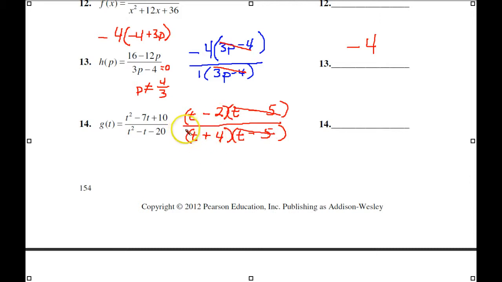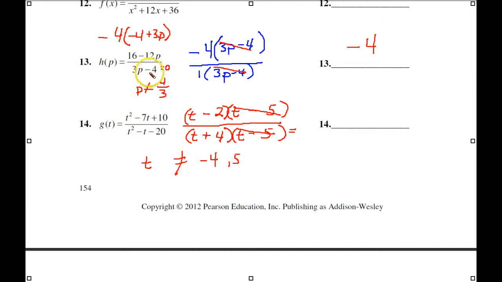Now notice when we do our answers, we have to use our original one, set it equal to 0. So here x cannot be a -4, or t, and t cannot be a 5. So these are values that t cannot be equal to, but otherwise all real numbers.